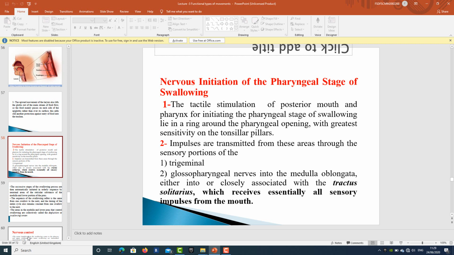Impulses are transmitted from these areas through the sensory portions of the trigeminal and glossopharyngeal nerves into the medulla oblongata, either into or closely associated with the tractus solitarius, which receives essentially all sensory impulses from the mouth.